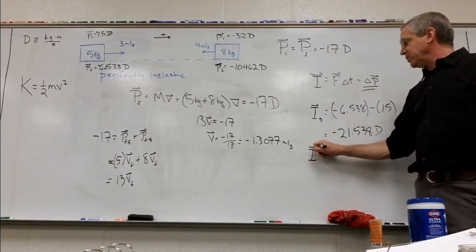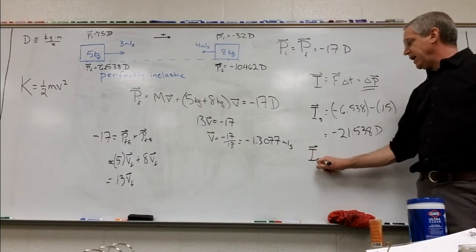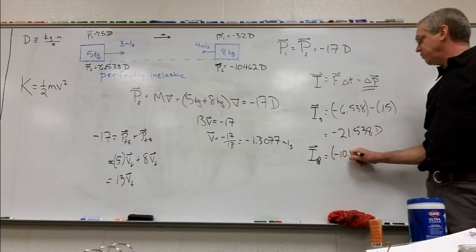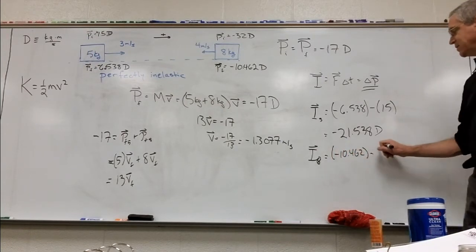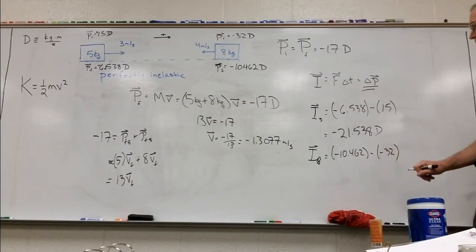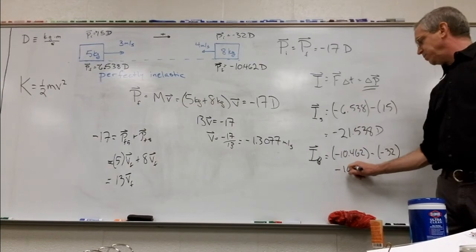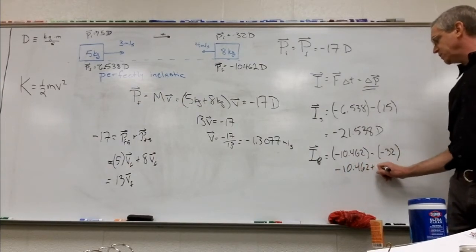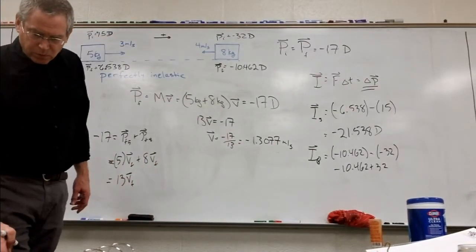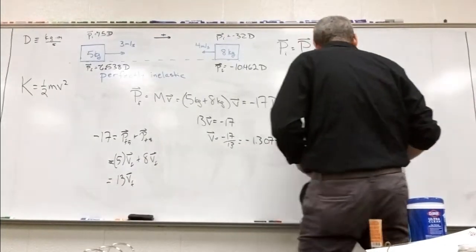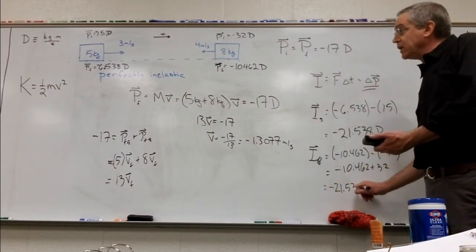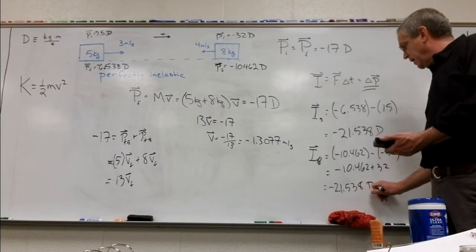And the impulse imparted to the 8 kilogram mass is my final momentum, negative 10.462 minus negative 32. In essence, it's negative 10.462 plus 32, and that should be simple enough. And we end up with positive 21.538 Descartes.